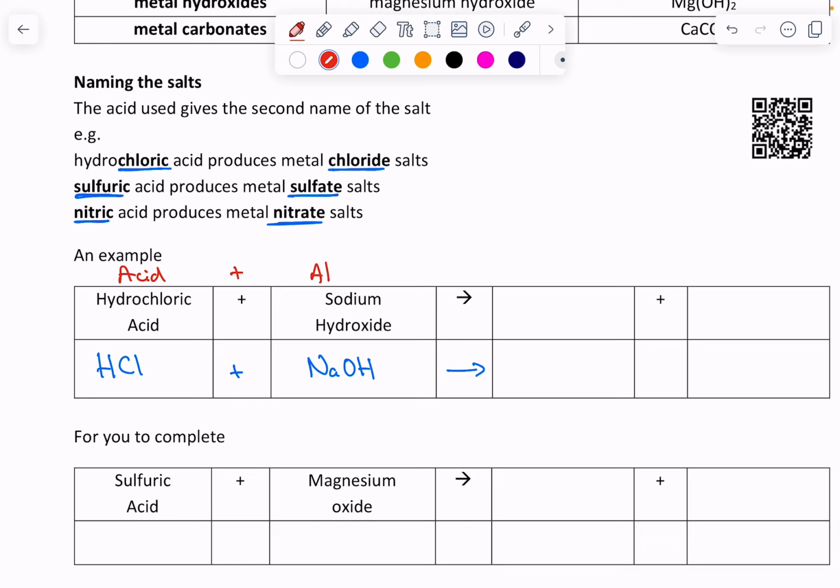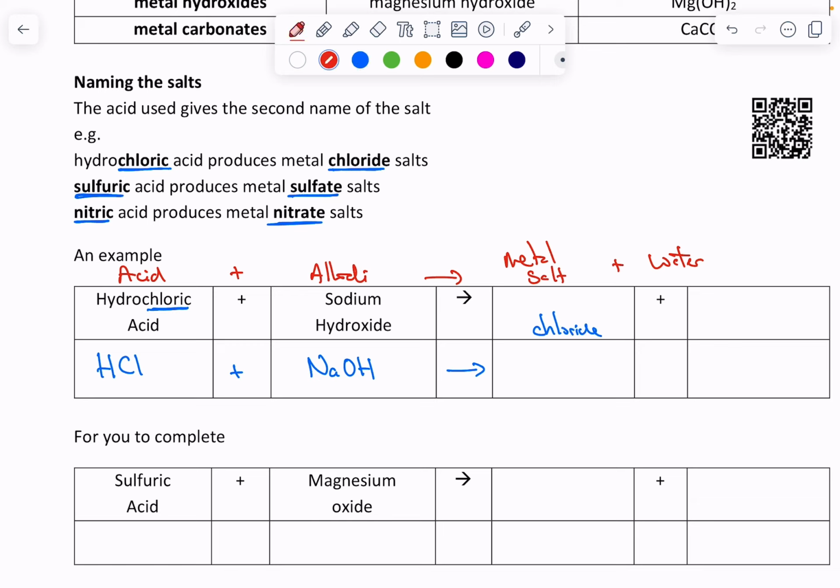This is the alkali, and we are going to make a metal salt and water. Okay, so the metal salt, because it's hydrochloric acid, if we come back to this, hydrochloric acid makes a chloride. So the second name of the salt is the chloride.